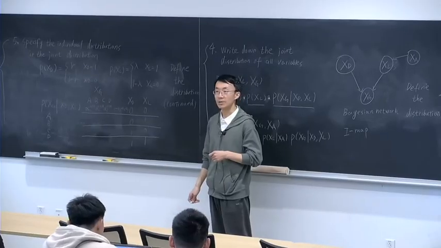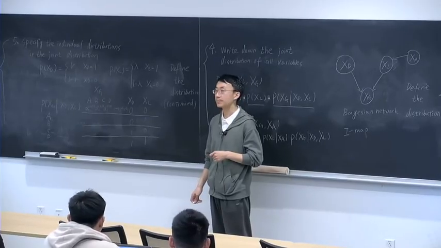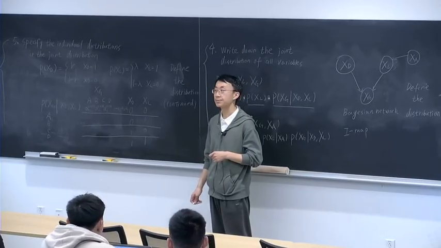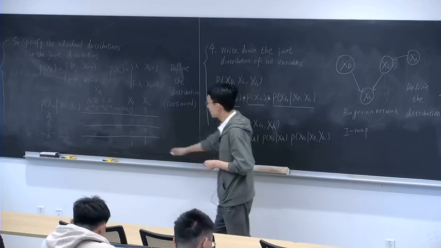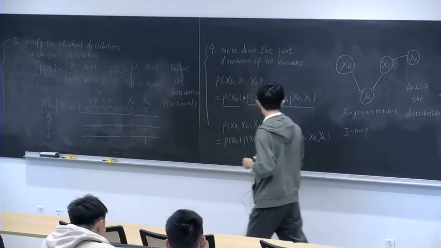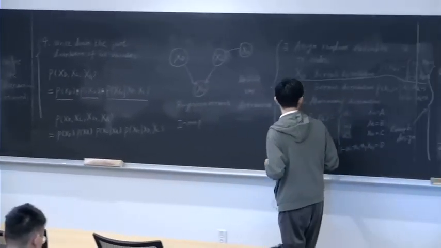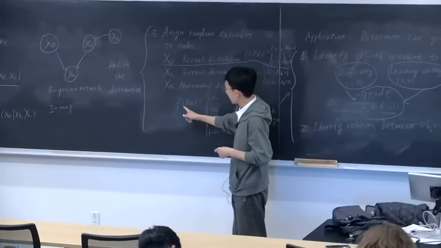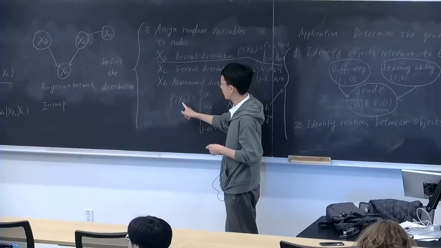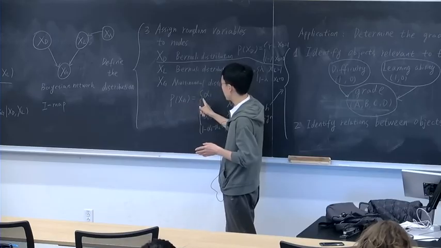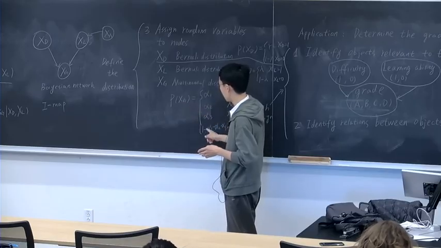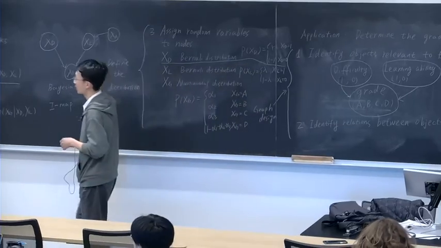Okay, any questions? Yeah, so the definition here is similar to this one here. The difference is previously we assumed that G has no parents, right? So it's simply alpha 1, 2, 3, and 1 minus alpha 1, 2, 3.